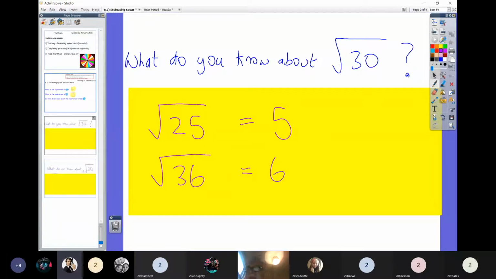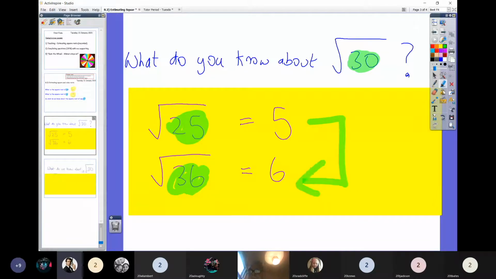So what do we know about the square root of 30? Well, because 30 is between 25 and 36, the square root of 30 must be somewhere between 5 and 6.